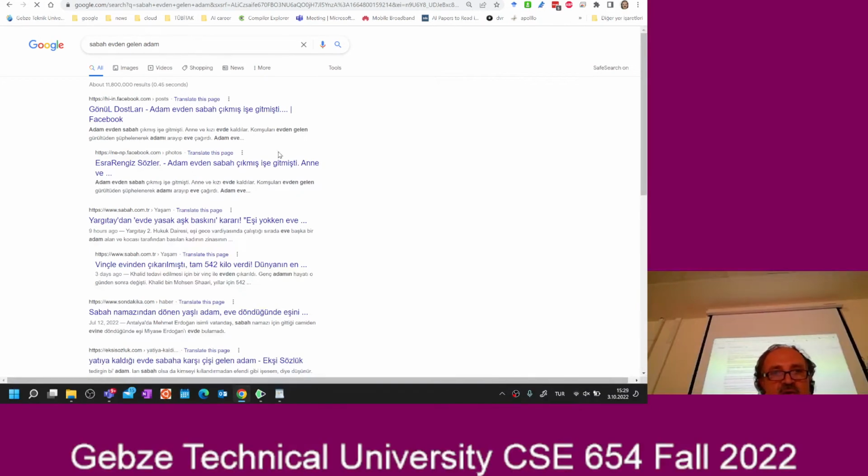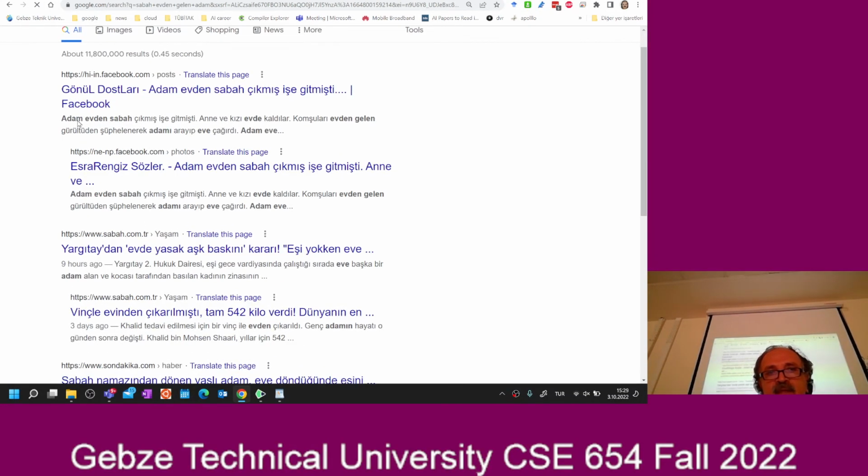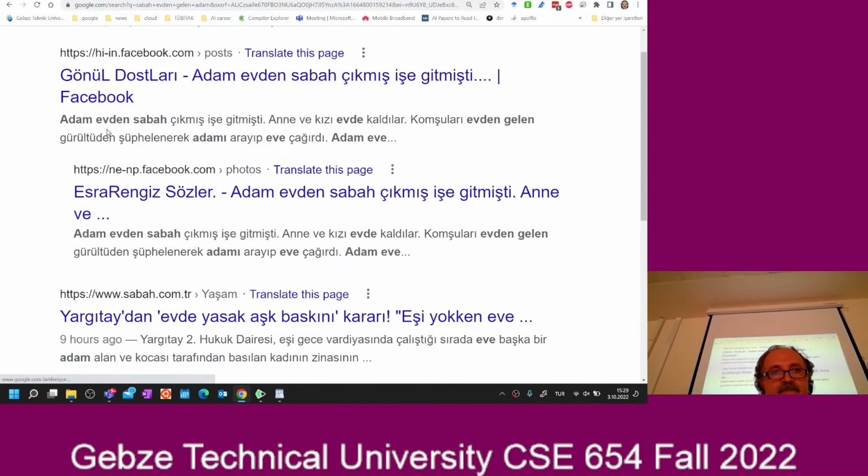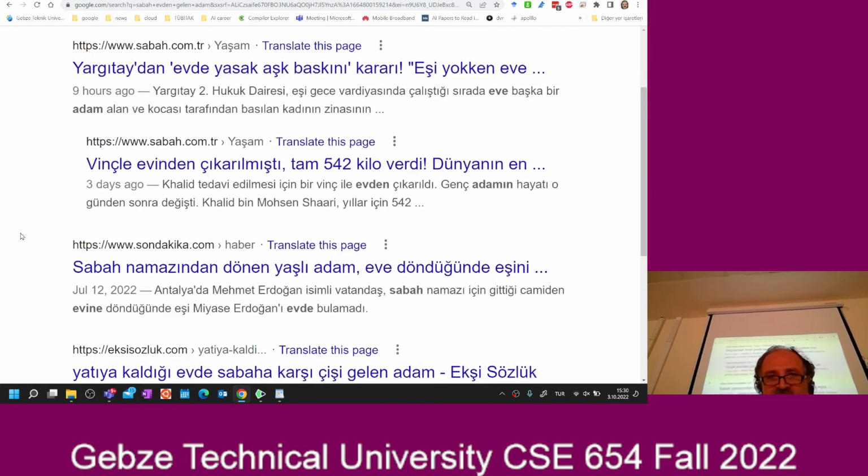But if I try "adam sabah evden", it kind of finds these parts, and if I insert some stuff and remove some stuff, I can find some kind of a match. Of course, they are not running exactly the same thing. And it doesn't always have to be adam; maybe it could be kadın, right? Do I have anything?